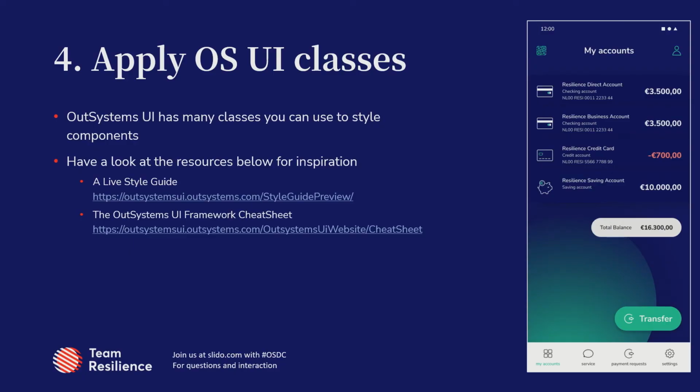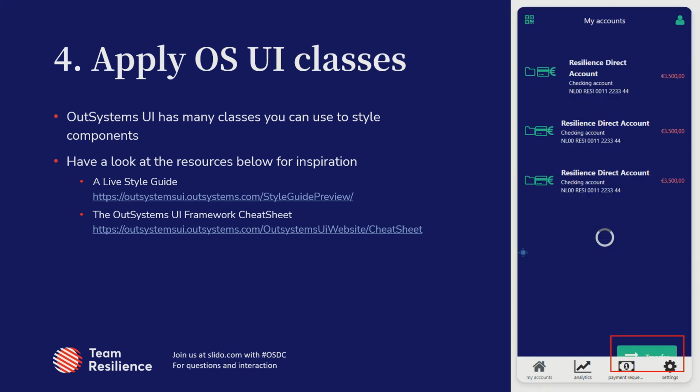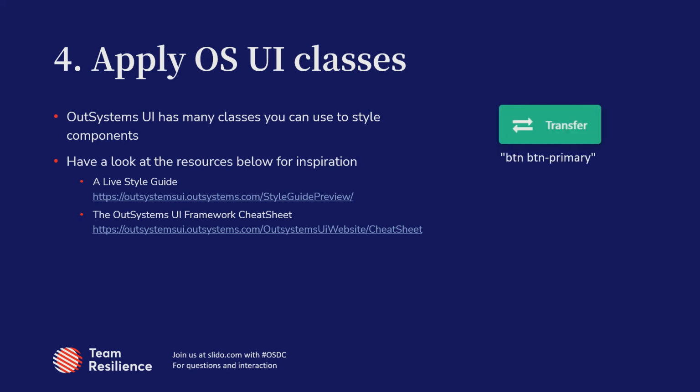So let's have a look at our example, and I'm going to highlight a very tiny one: this transfer button. What I'm looking at here is the design, the goal that we are trying to achieve. In Service Studio, it looks like this. It's there at the bottom, a bit hidden, but if we zoom out, it's a button.